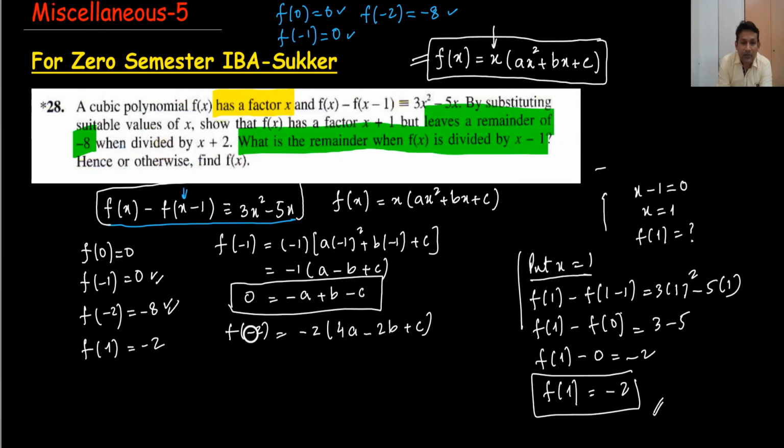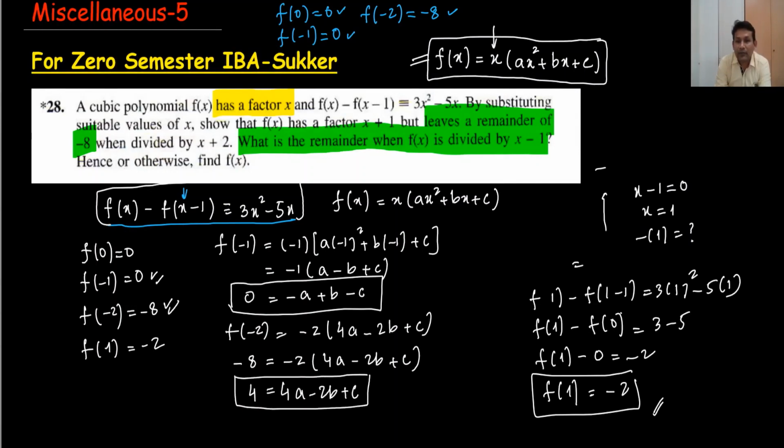And f of -2 equals -8. So -8 equals 4a minus 2b plus c. I can shift this -2 to the left-hand side, minus minus cancels out, and it becomes 4 equals 4a minus 2b plus c. This is equation number 2.